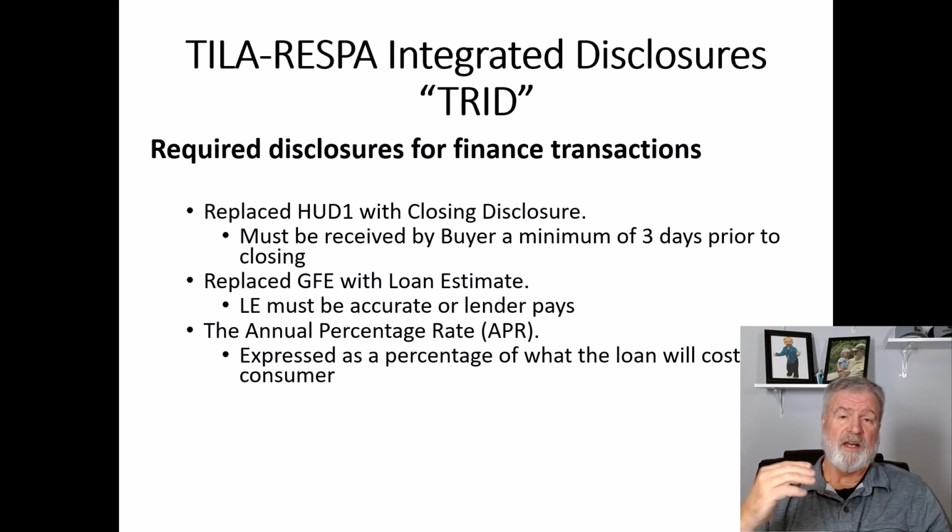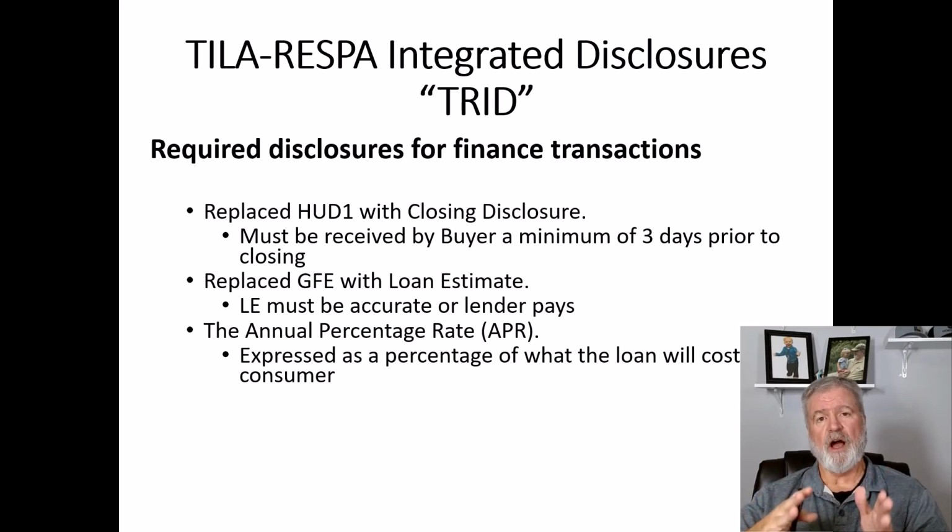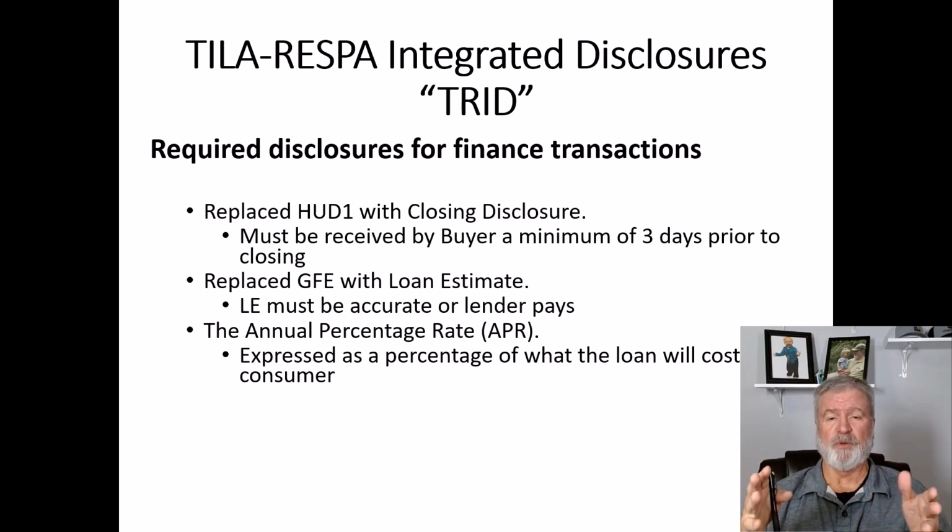And again, this is typically like a certified email. This is not just a regular email. And when you click on it and open the email, then that goes back to the lender, and they can document when the buyer received it.